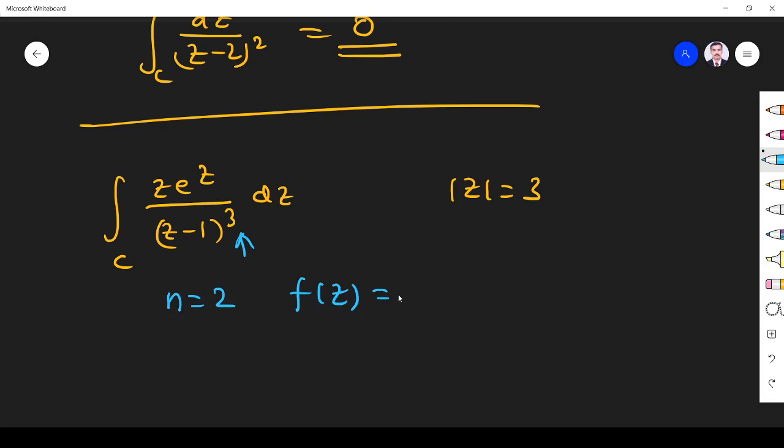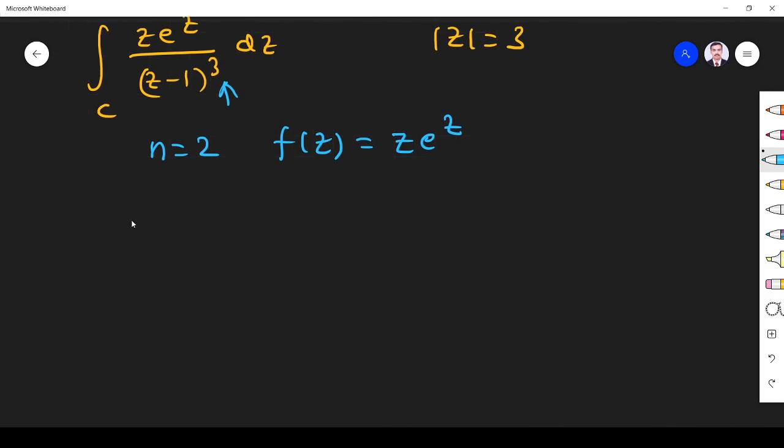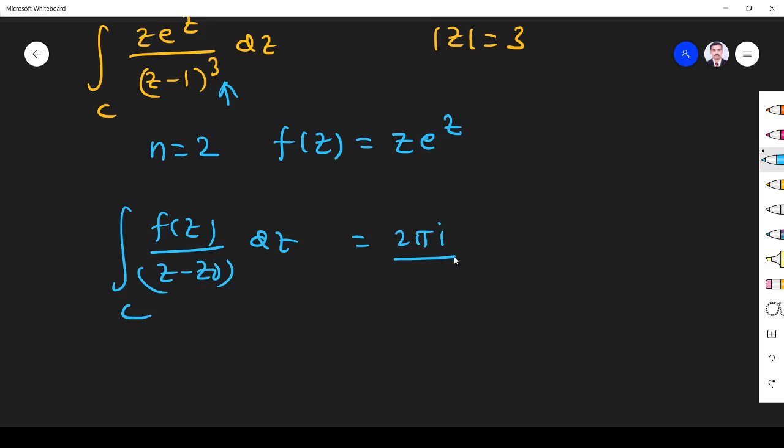f of z is equal to z into e power z, right? So since it is a power of 3, we have to apply Cauchy's formula for derivatives. So what is Cauchy's formula for derivatives? I write: the integral of f of z divided by (z minus z naught) to the power n plus 1 dz over C is equal to 2 pi i by n factorial times f^(n) of z naught.